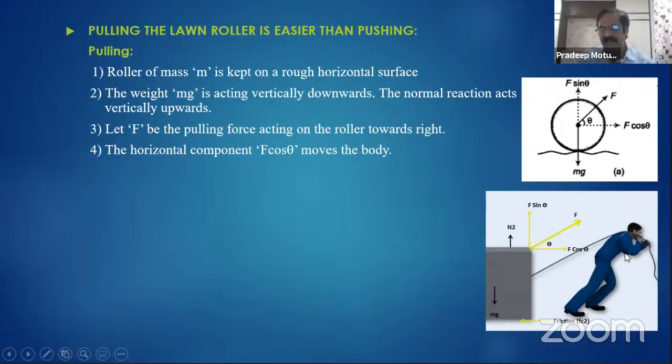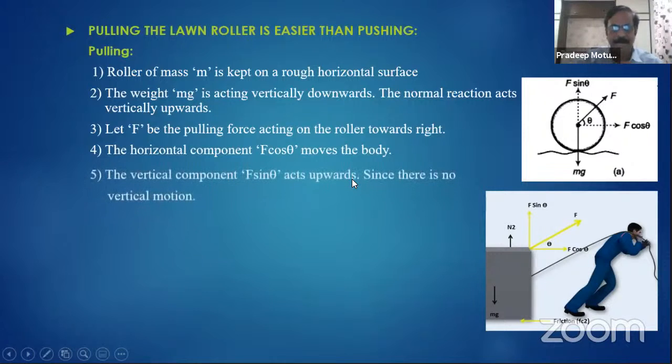For easily understanding this, have a look at this diagram. A man is pulling towards the right. The force is like this. If you resolve this force into two components, F cos theta is the horizontal component, along which the body moves, and F sin theta is the vertical component.